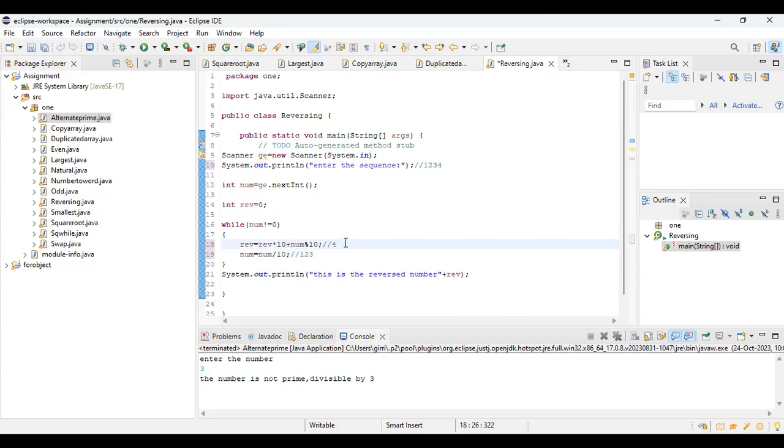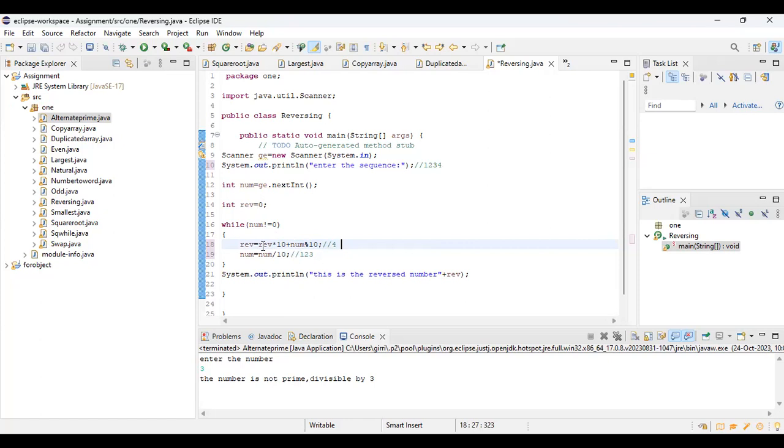Now when it goes back again here, this one will be 4, and this 4 value has to be remembered: REV was 0, whereas the previous value 4 is now set as the reversed value, REV equal to 4. So 4 into 10, plus the num value 123 modulo 10.